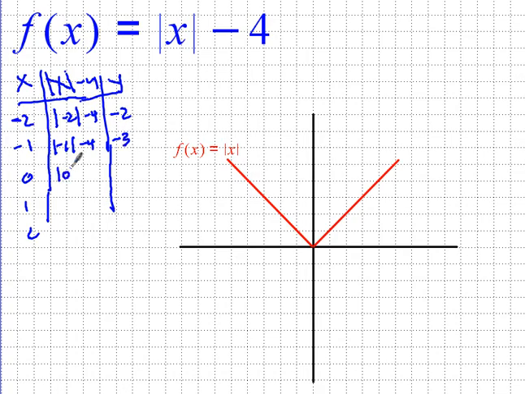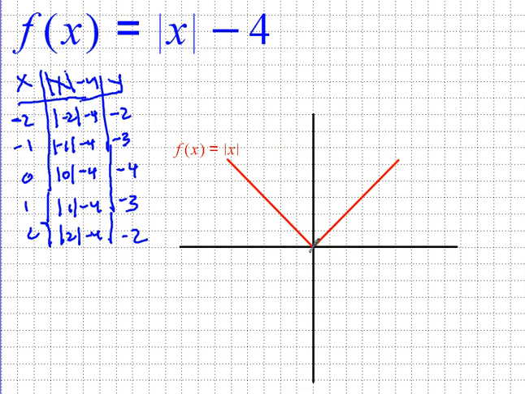The absolute value of 0 minus 4 is -4. The absolute value of 1 is 1, minus 4 is -3, and then the absolute value of 2 minus 4 is -2. So it looks like we have our axis of symmetry somewhere right around here, but let's look at and see what's happening here.